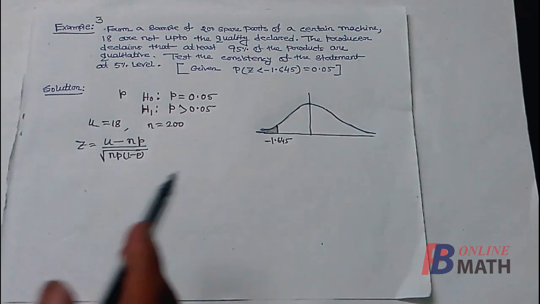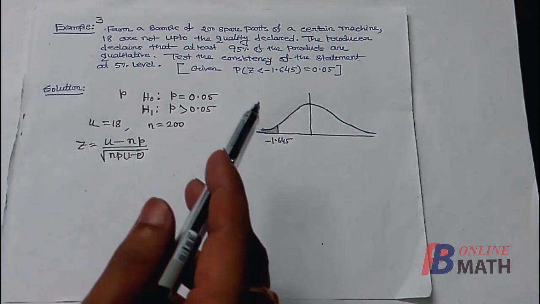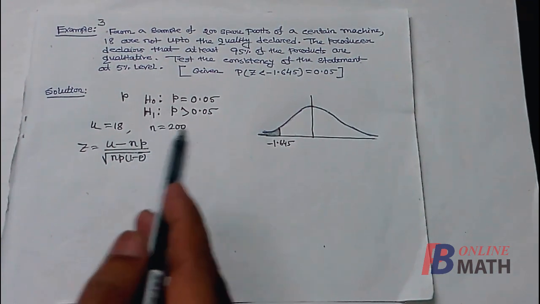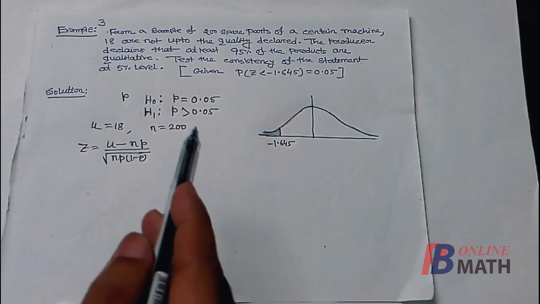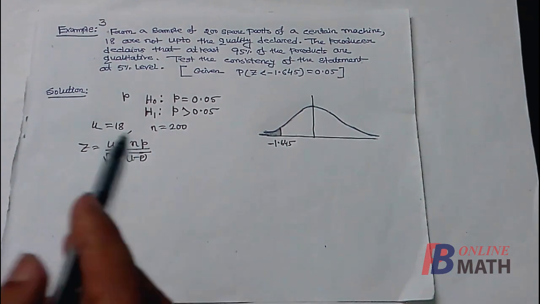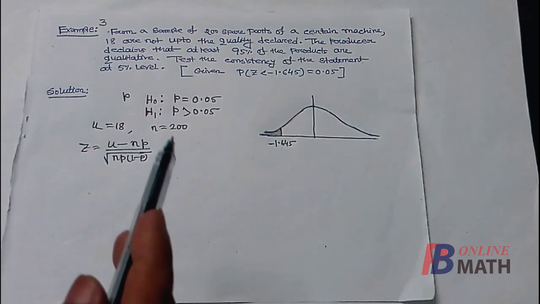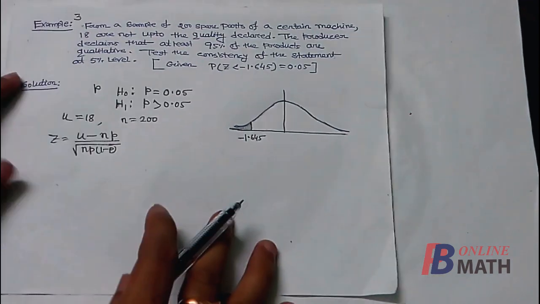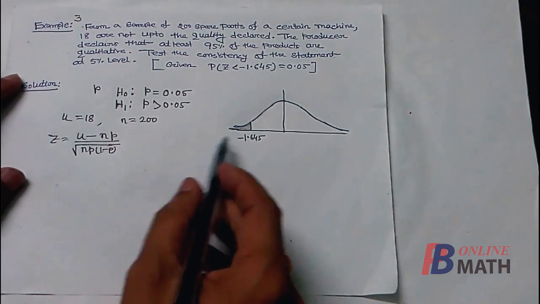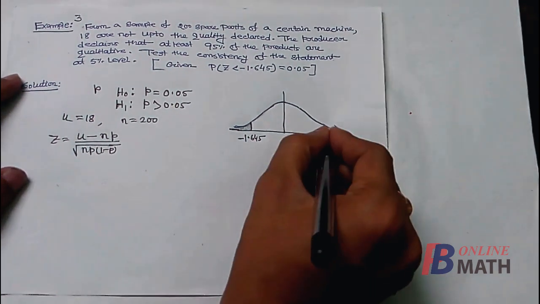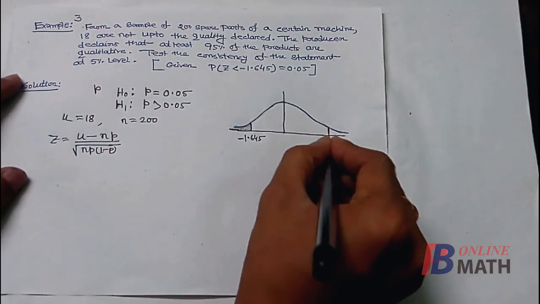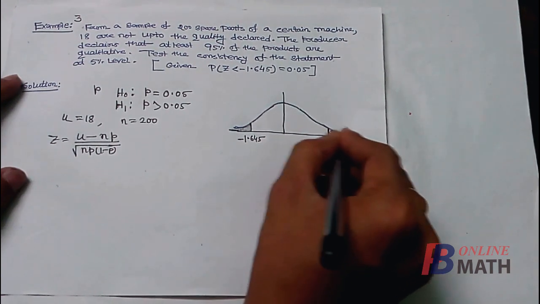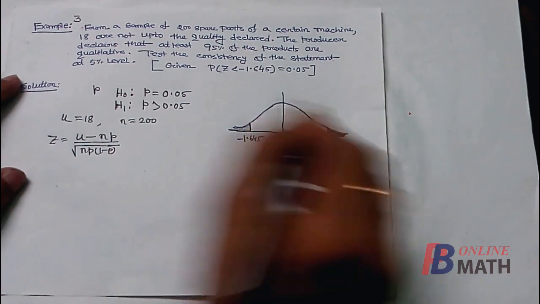But here the area given is from the left hand side, while from the alternative hypothesis we find that the problem is of right tail test. So we have to select this critical region from the right hand side, and due to symmetry, if the area between minus infinity and minus 1.645 is 0.05, then obviously the area between 1.645 and plus infinity is again 0.05, that is 5% area.